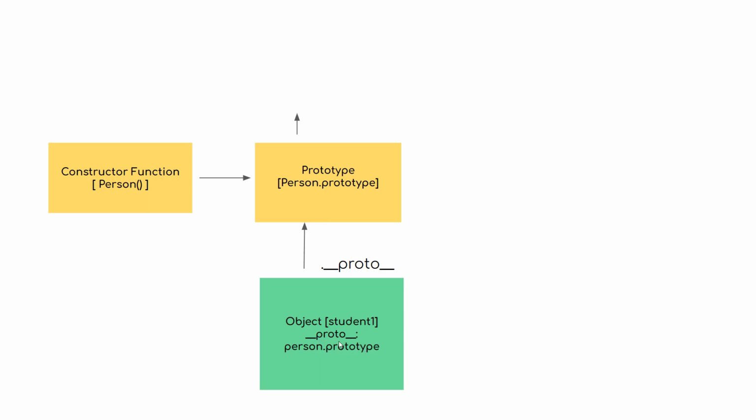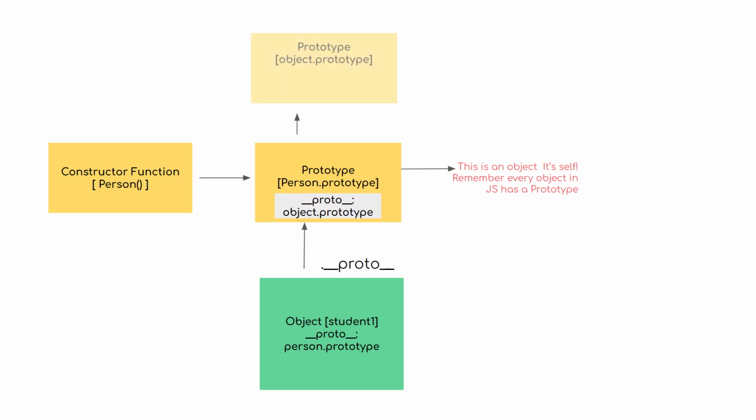Inside it there is a property named __proto__, and those are linked. This is an object itself. Remember, every object in JS has a prototype. We learned that in our previous slides. In the last lecture, I think we discussed that every object has a prototype in JS.